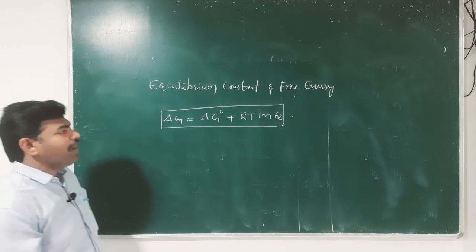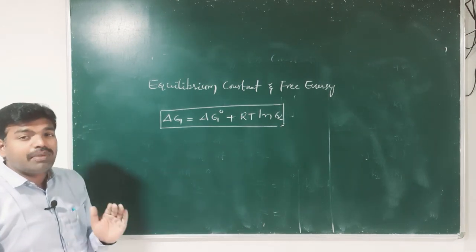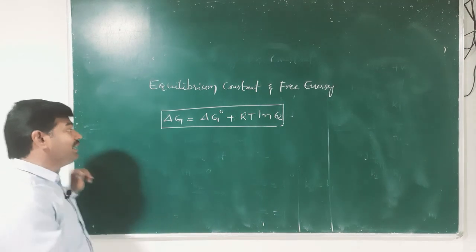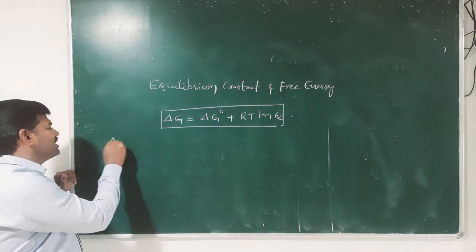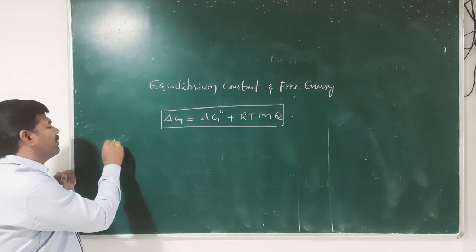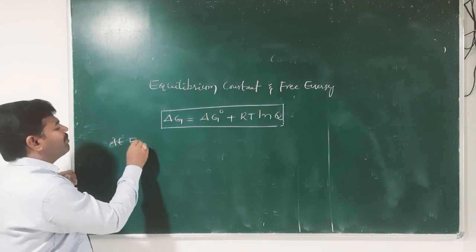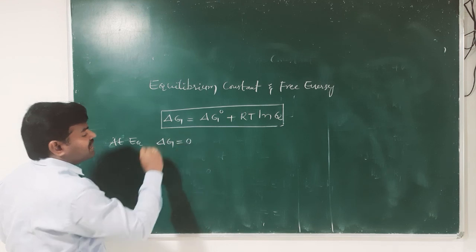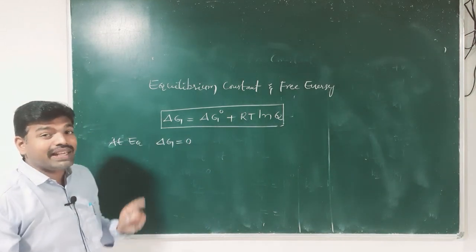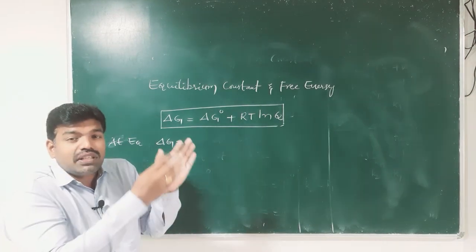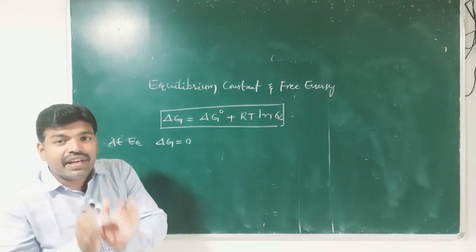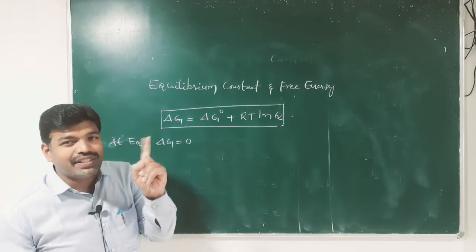What happens when equilibrium is established in a reversible reaction? Delta G, the change in free energy of the system at equilibrium, is equal to 0, because at equilibrium the concentration of products and concentration of reactants remain constant.